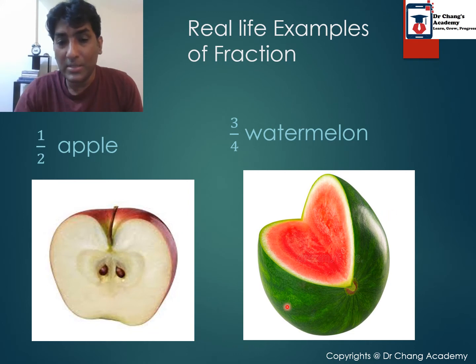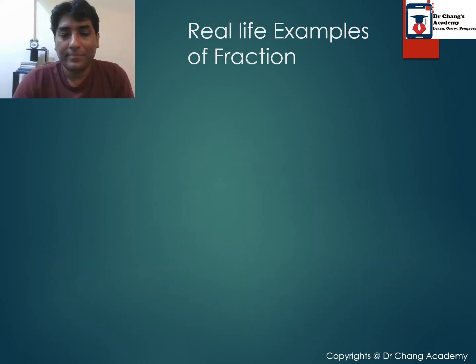Even though these 3 parts have not been shown separately, we know the remaining watermelon is 3/4, so we write 3/4. So this is how it works in our daily life.